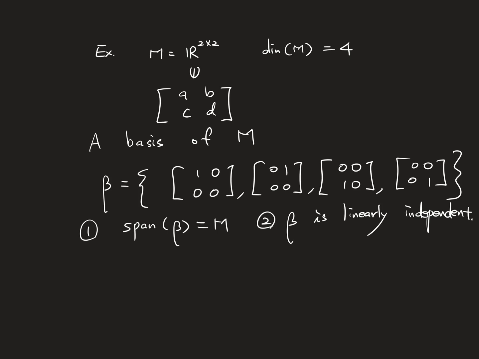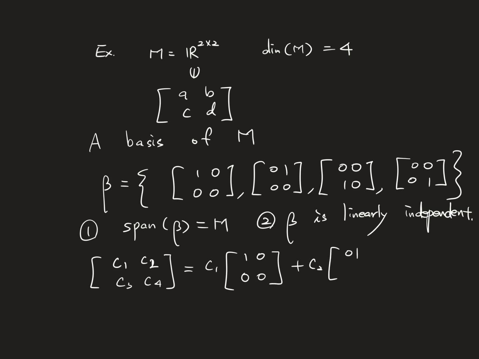So, proof number 1: we can prove easily that if we select any matrix in the vector space, we can generate any matrix using this basis, c1 times the first, c2 times the second, c3 times [0 0; 1 0], and c4 times [0 0; 0 1].